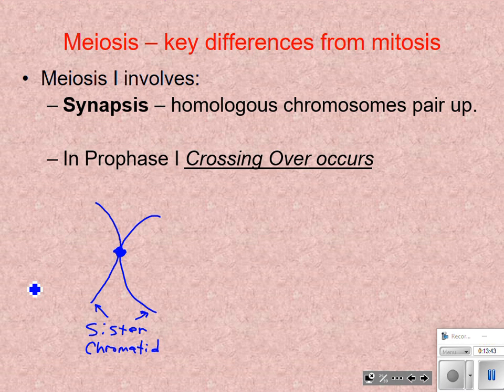Now, could I have a green one duplicated as so? Could I have a green chromatid that was duplicated like this too? Would those be sisters? Yeah. These would be sister chromatids.